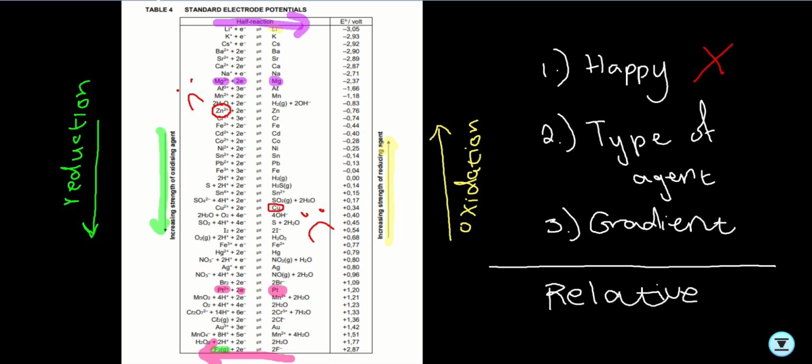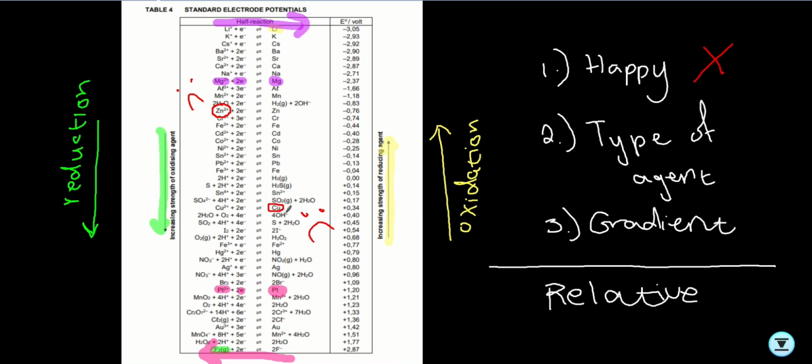Then if we look at it as a type of agent, zinc relative to copper is a stronger reducing agent. So it's supposed to give up a lot of electrons because it's a reducing agent. But as you can see, zinc is taking up electrons, so it's not very good at its job. It's not going to be strong at that. And over here, copper is further down the table, so it's a strong oxidizing agent.